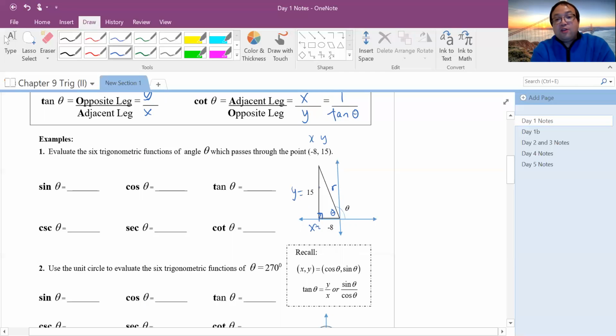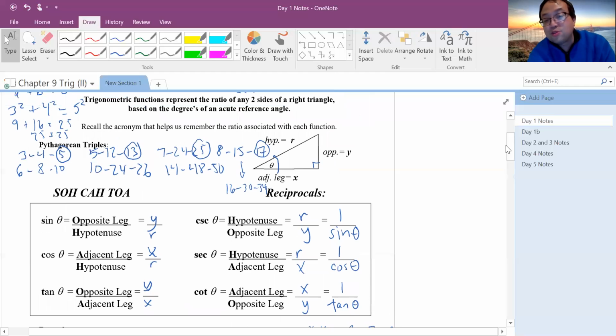Now here, you could do a squared plus b squared equals c squared to calculate the radius. So you could do -8 squared plus 15 squared equals r squared. But let me go back up. If you know your Pythagorean triples, you see how the 8 and the 15 were already used. Here's my missing length of that right triangle.